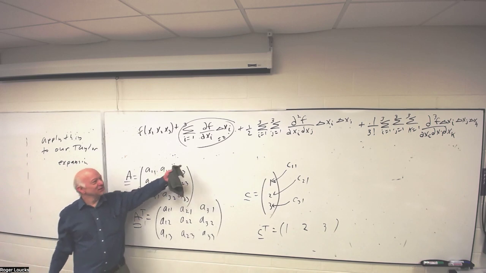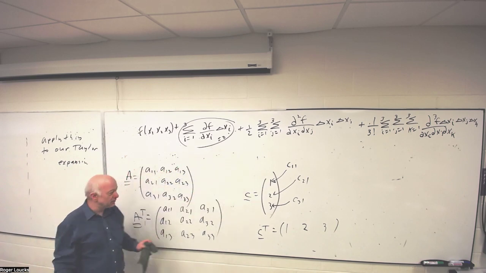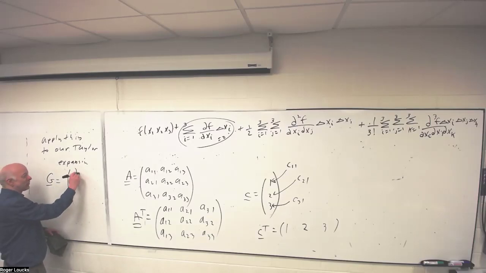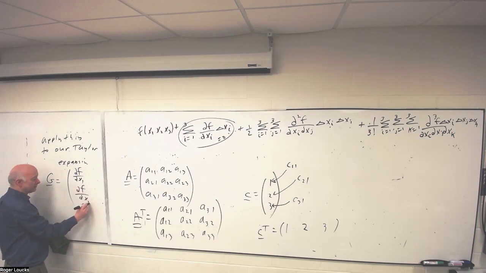Okay. Tell me about my buddy here. I can define something I can call a G matrix. What do you think G might stand for? Right. Gradient. So I could call this partial of f with respect to x1, partial of f with respect to x2, partial of f with respect to x3.